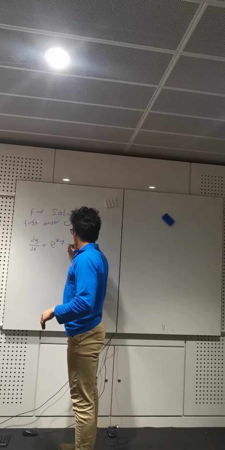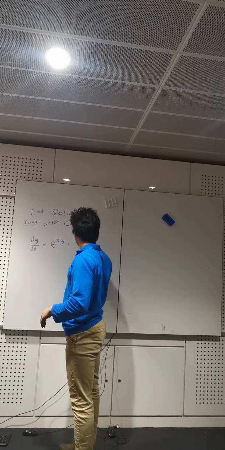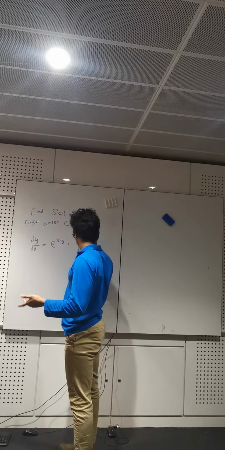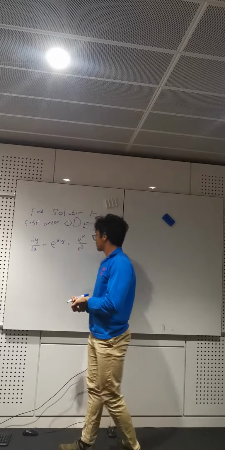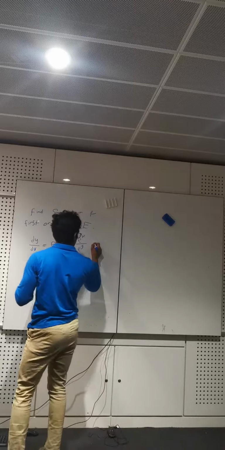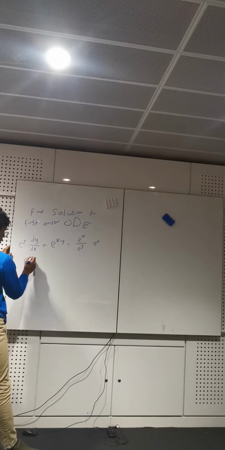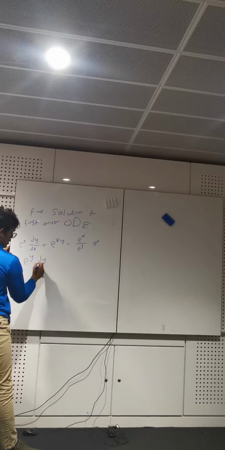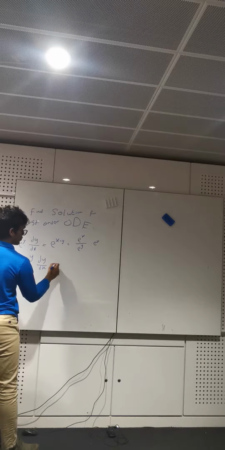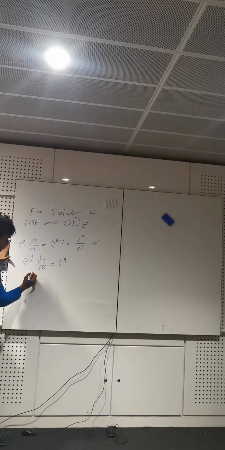We can rewrite the right hand side as e^x divided by e^y. Multiply both sides by e^y, so e^y dy divided by dx is equal to e^x. So we actually separate y in one term and x in one term.